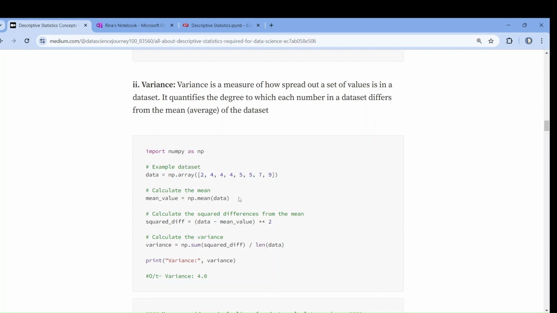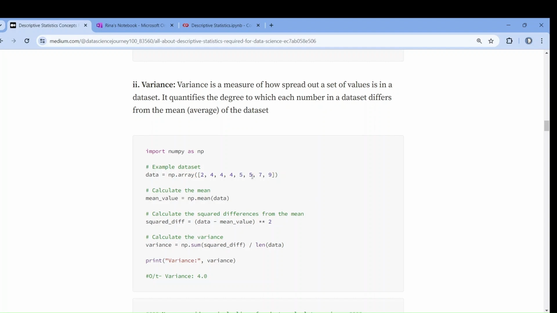Now I want to know how much each number in the data set, 2, 4, 7, 5, 9, differs from the mean of the data set. Okay. So 2 minus 5 is minus 3, square of 3 that is 9. 4 minus 5 is minus 1, square of minus 1 that is 1. Same, 1.